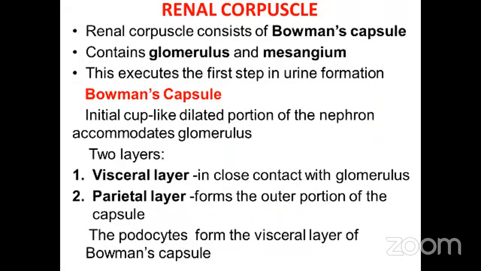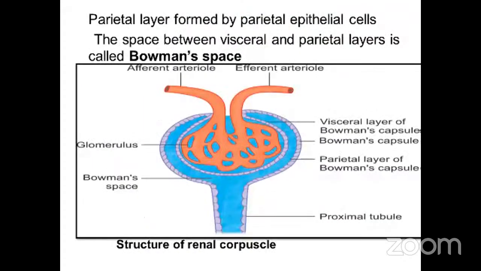Then we will see the renal corpuscle, the first part of the nephron. The renal corpuscle consists of the Bowman's capsule, which contains the glomerulus, and the mesangial cells. This is the structure of the renal corpuscle, a dilated cup-shaped structure at the beginning of the proximal tubule, and in it there is a glomerulus.